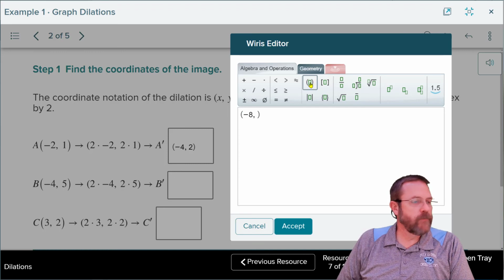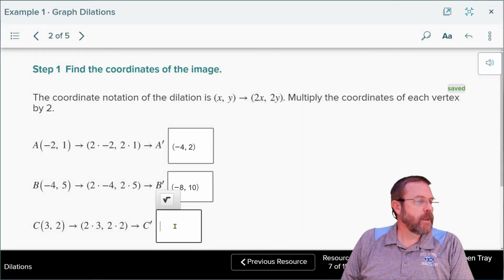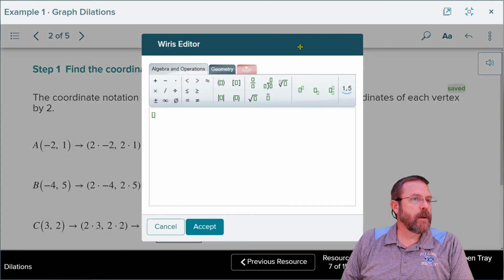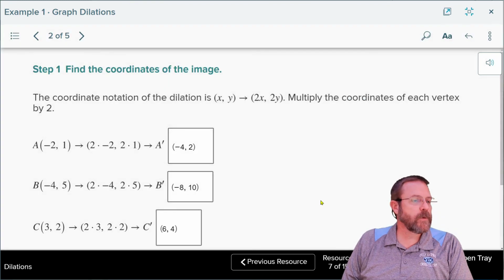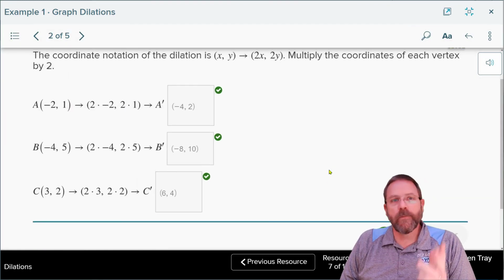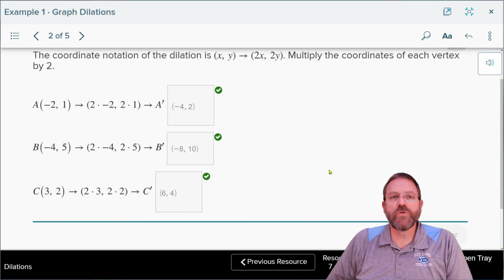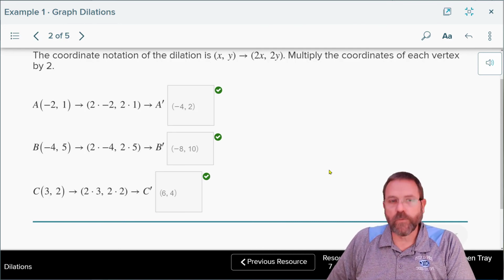And 5 times 2 is going to be 10. We're going to accept that. And then for point C, I'm going to multiply each one of those by 2. 2 times 3 is going to be 6, comma, 2 times 2 is going to be 4. Accept and check it. And now we have the coordinates of our new shape, our new image, after we've enlarged the pre-image.